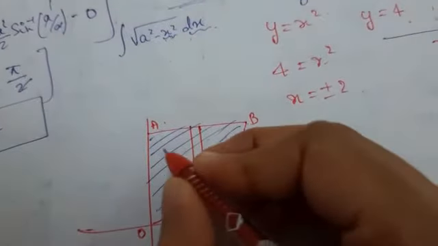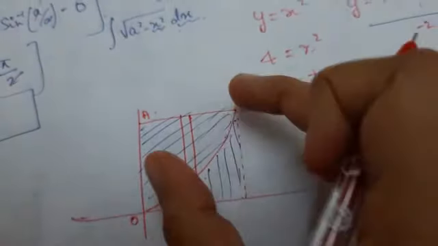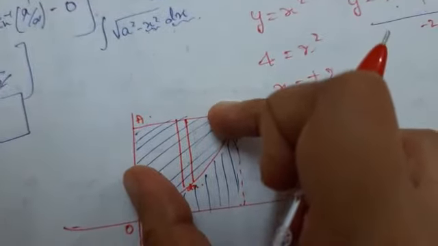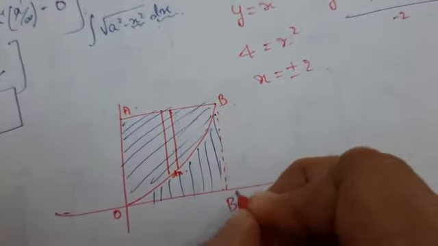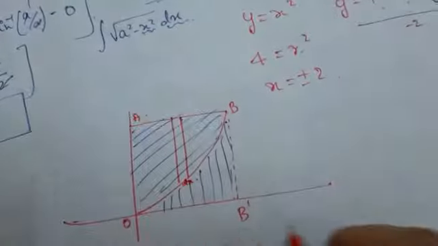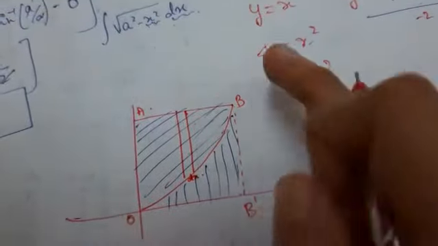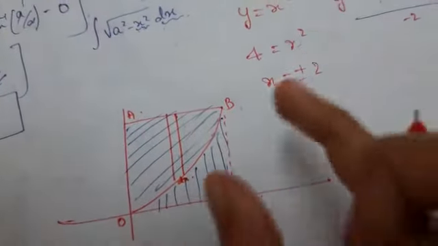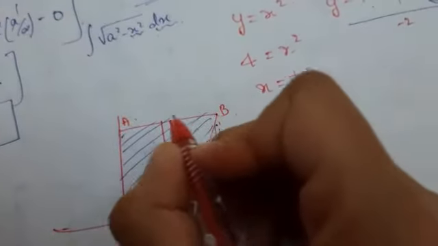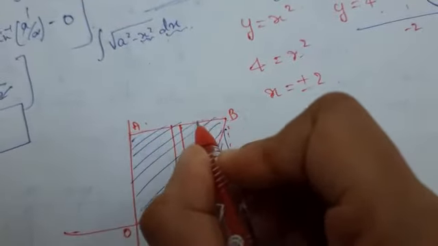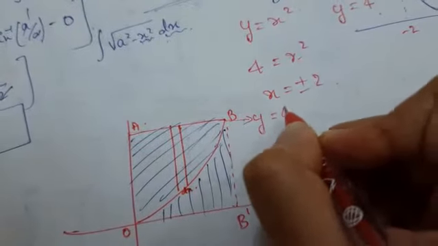So what is our required region? OBAO. We need to find the area of this region. Now I am considering OB-BA. If from this region I subtract OBB'O, we clearly get the complete area of this region. Now, what is this line? This line is y is equal to 4.